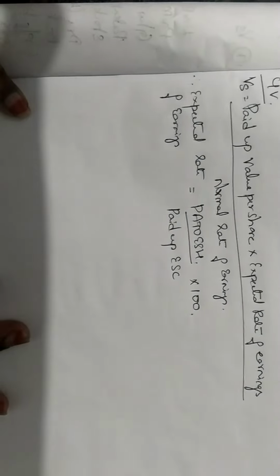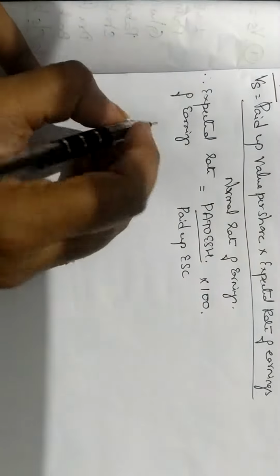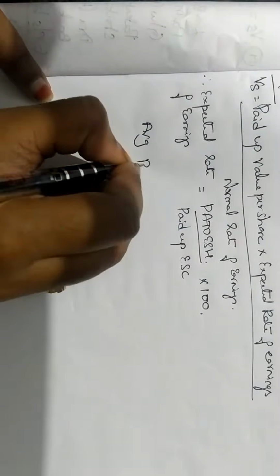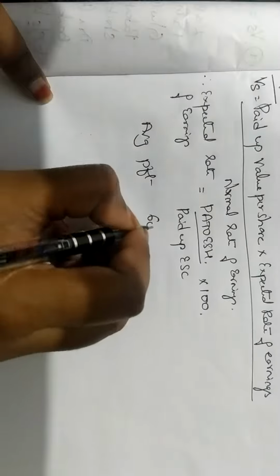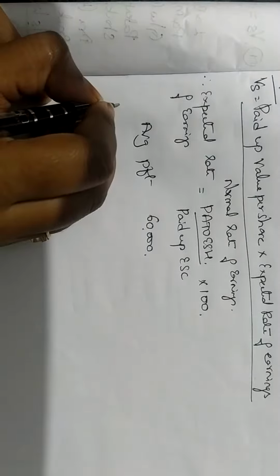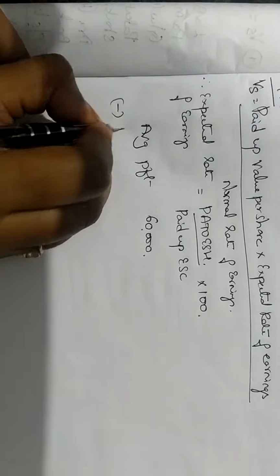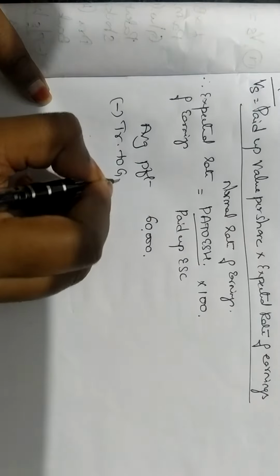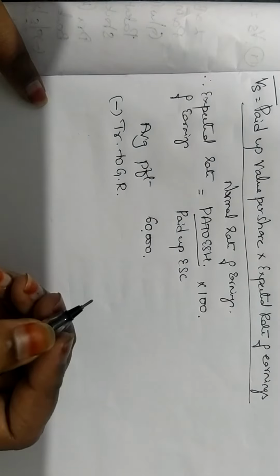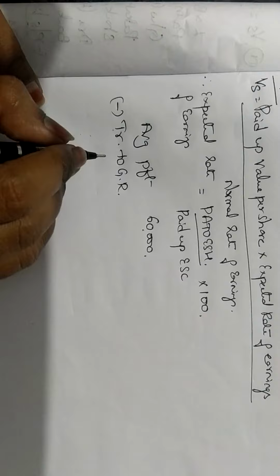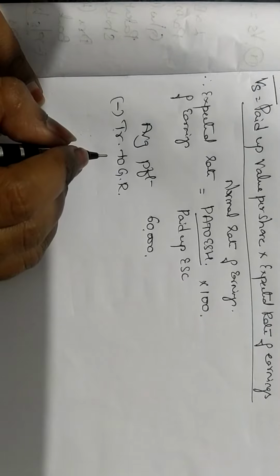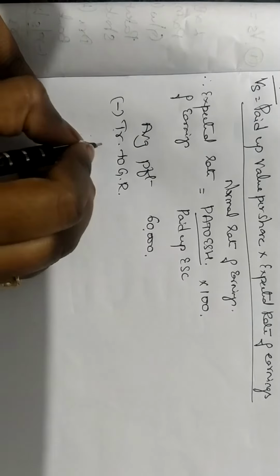So having this in mind, let us solve the problem. So you need profit available. In the question they have already given you the average profit for the last 4 years. So the average profit for the last 4 years is 60,000. From this, the only concept that I have to minus is the transfer to general reserve, because you don't have information on depreciation, bad debts and all. So I'm only deducting the general reserve, which they have given the percentage as 25%.